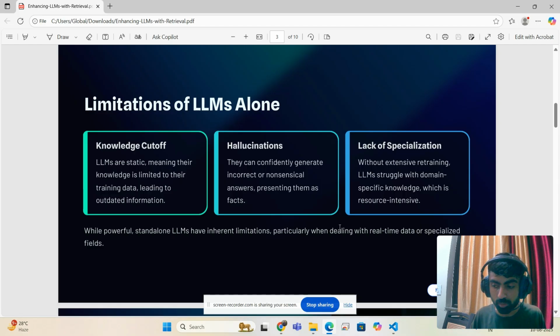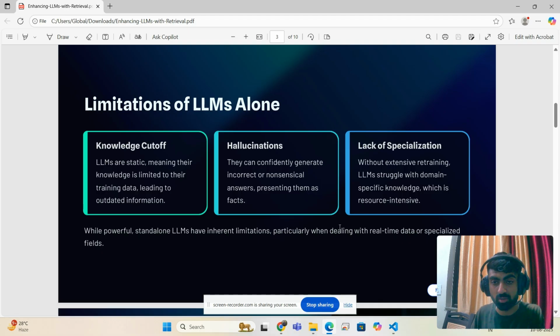So now, what actually is this limitation? Let us understand this by an example. Suppose we ask any LLM a question like who is the president of India? It will give us the expected answer. But if we ask the LLM what is the salary policy of this XYZ company, it will not be able to give us the expected answer because the LLM is trained on the entire general data set.